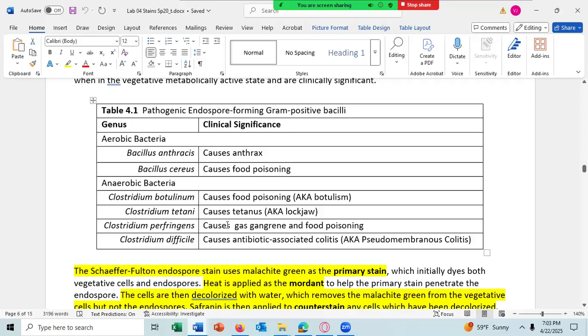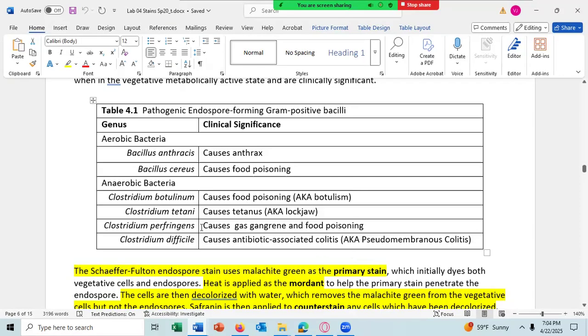Clostridium tetani, which causes tetanus, has an endospore. Clostridium perfringens, which causes gangrene and food poisoning, also has an endospore. And then C. diff, Clostridium difficile, which causes antibiotic-associated colitis, also called pseudomembranous colitis, also has an endospore.